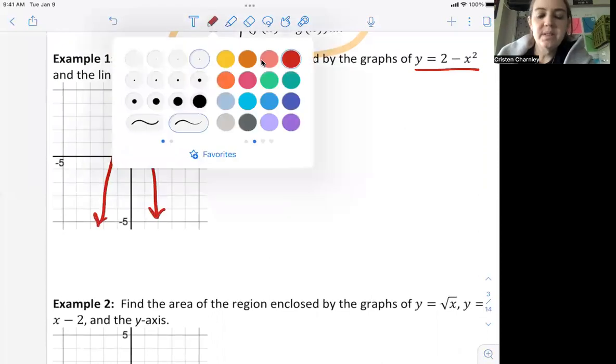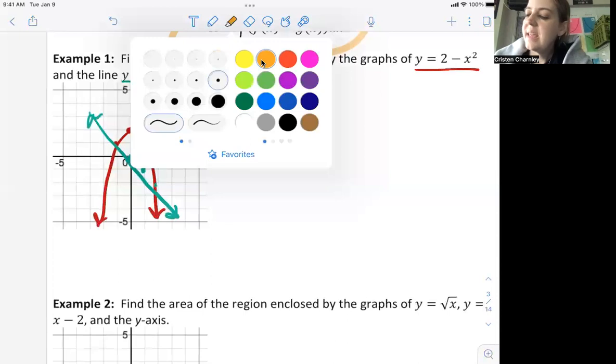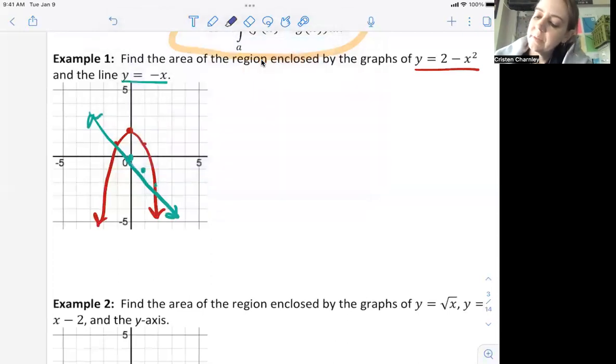The line y equals negative x is a line that has a y-intercept of 0 and a slope of negative 1. I missed my dots there a little bit, but pretend they go through. And then the area that you're finding is this area in between the two curves.